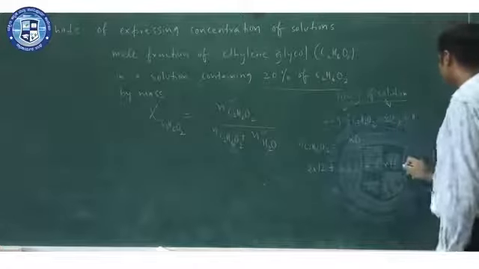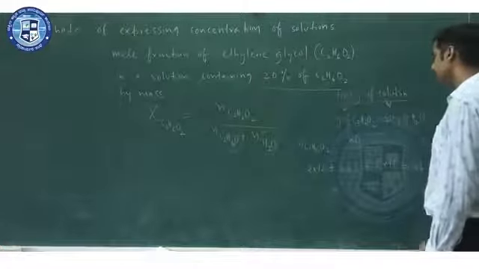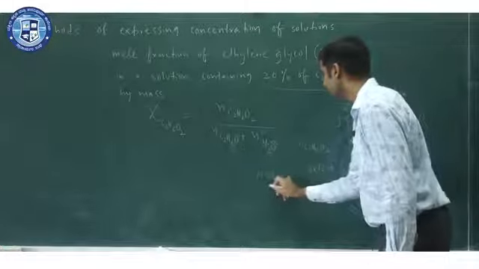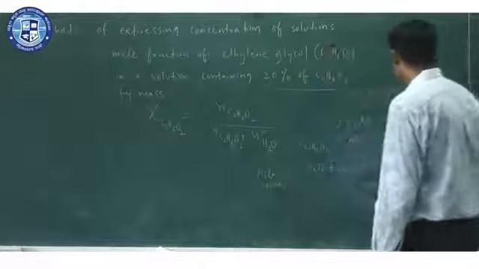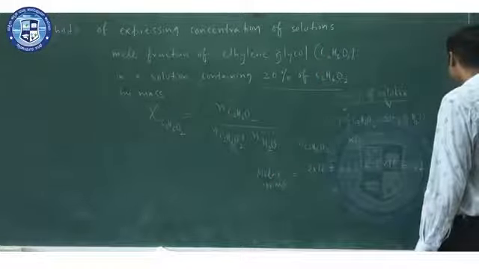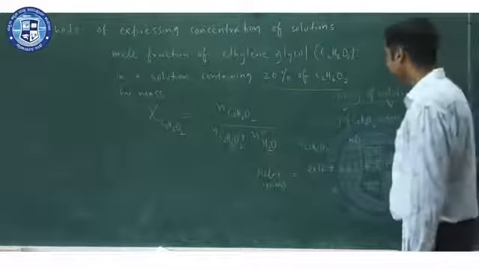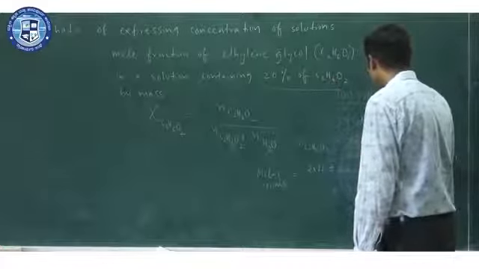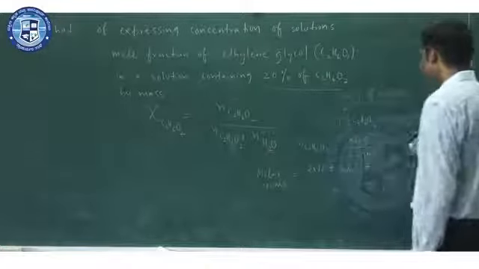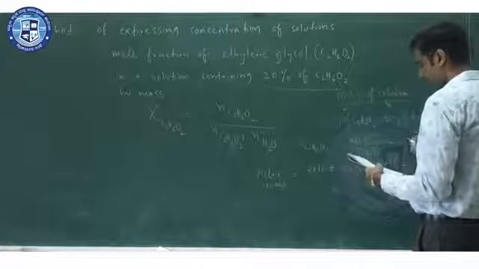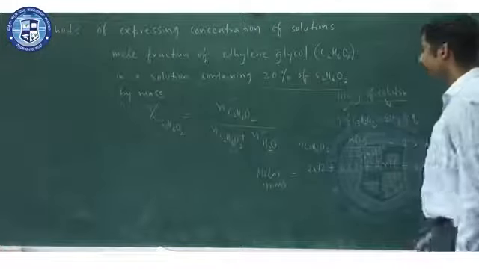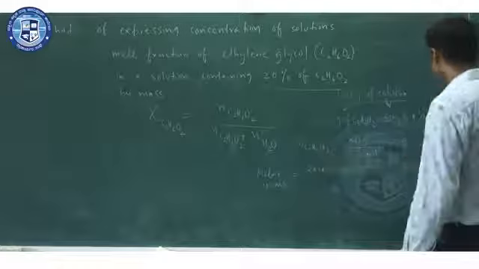Hence I will get 62 gram per mole as the molar mass of ethylene glycol. So this is 20 grams, 62 gram per mole. This will be a value approximately equal to 0.322 mole. So number of moles of ethylene glycol is worked out.